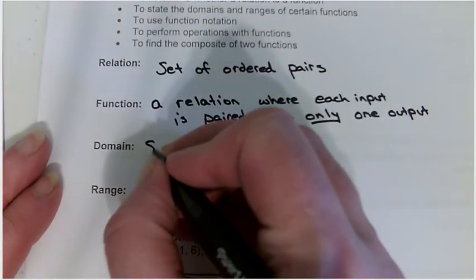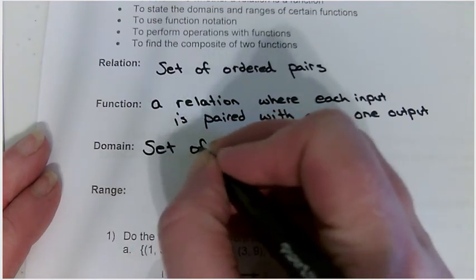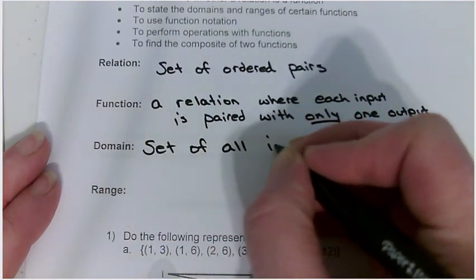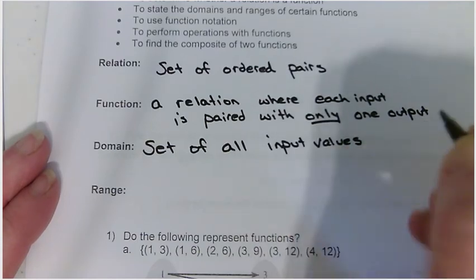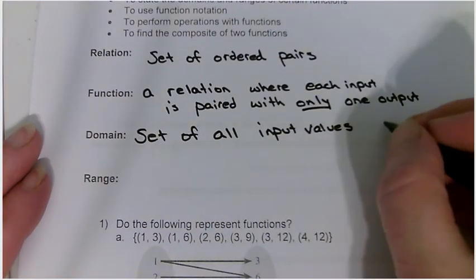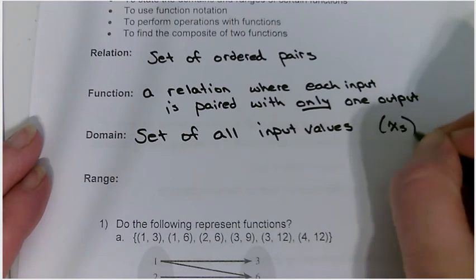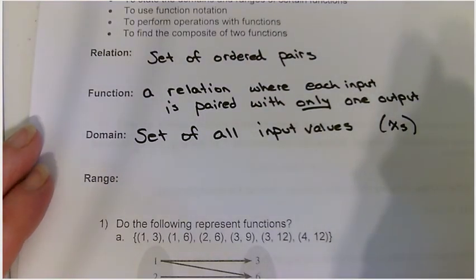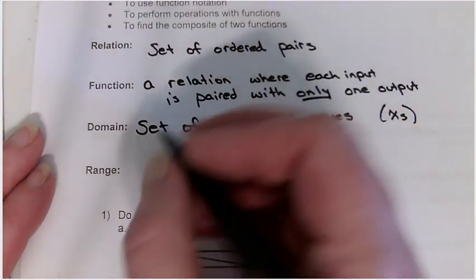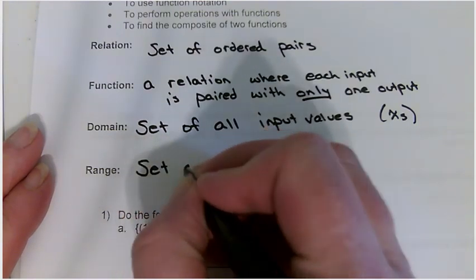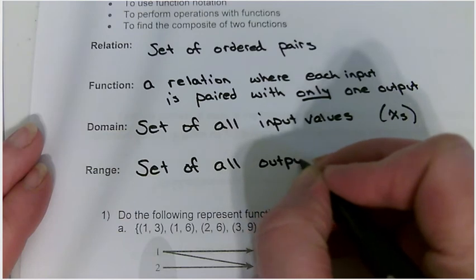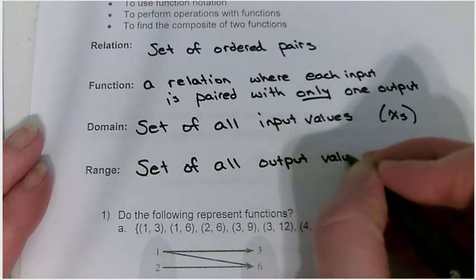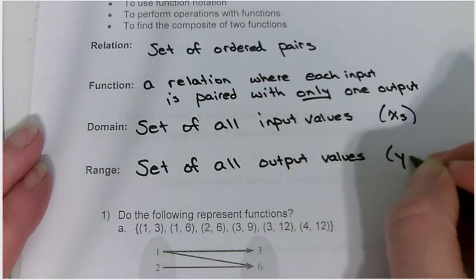Well, that is the set of all input values, or x's. In a lot of cases, we use x to talk about inputs. And the range is the set of all output values, our y's.